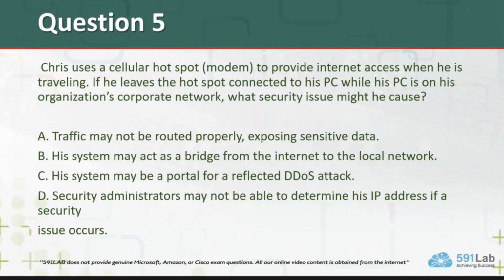A, traffic may not be routed properly, exposing sensitive data. B, his system may act as a bridge from the internet to the local network. C, his system may be a portal for a reflected DDoS attack. And D, security administrators may not be able to determine his IP address if a security issue occurs.